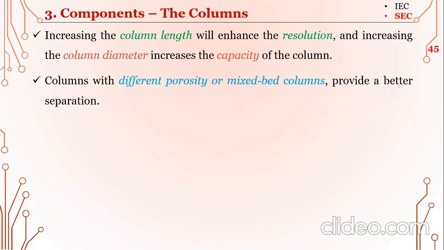The next is columns with different porosity, mixed bed columns, which have a mixture of porosities and different types of beads, and the size exclusion differs. So that provides a better separation.